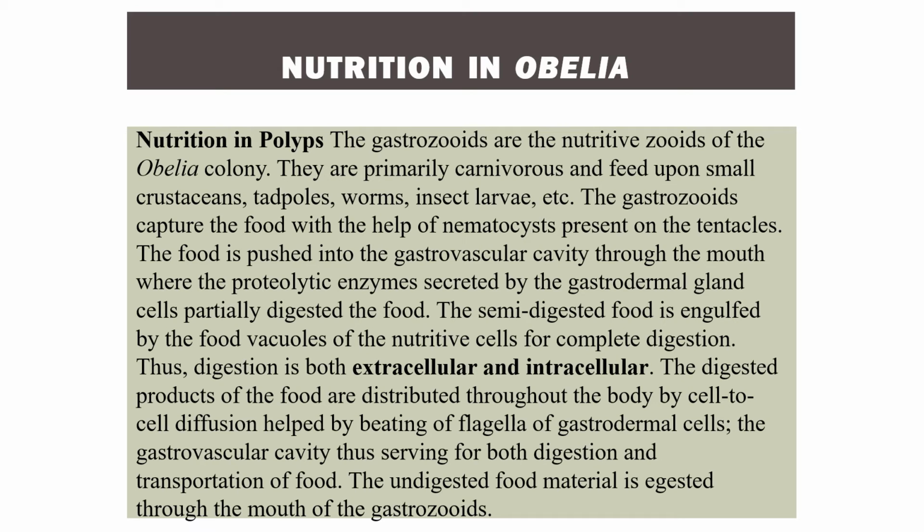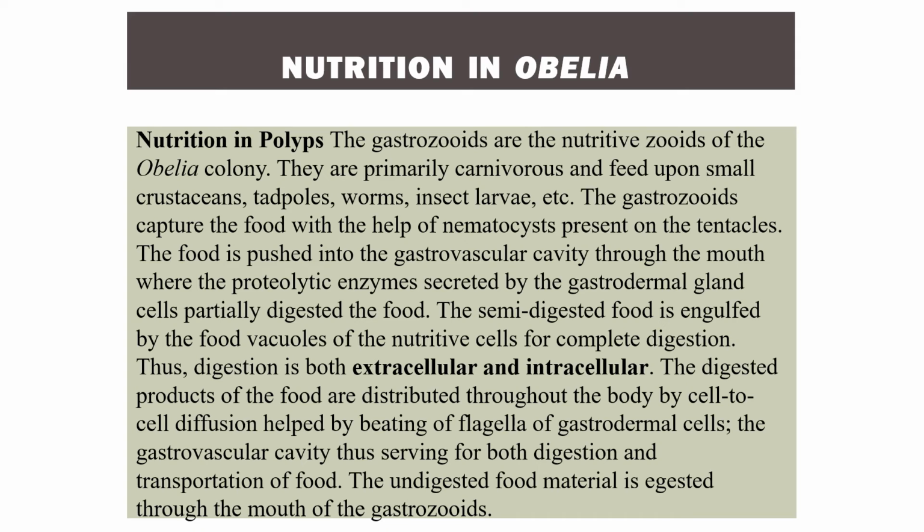The food is pushed into the gastrovascular cavity through the mouth, where the proteolytic enzymes secreted by the gastrodermal gland cells partially digest the food. The semi-digested food is engulfed by the food vacuoles of the nutritive cells for complete digestion. Thus, digestion is both extracellular and intracellular.